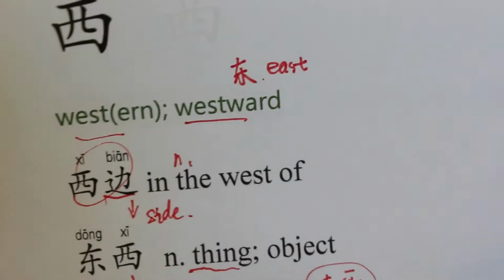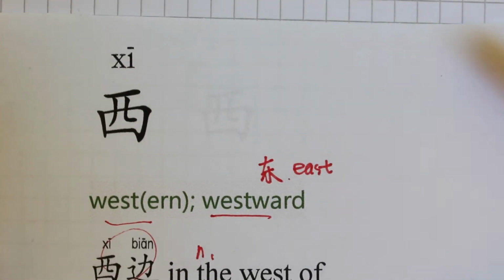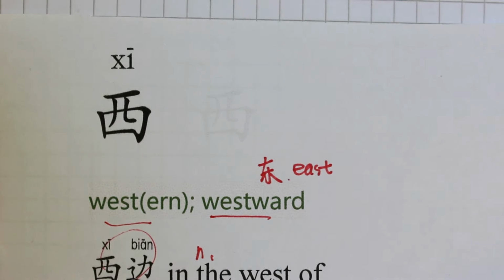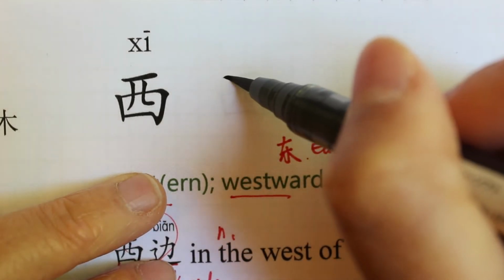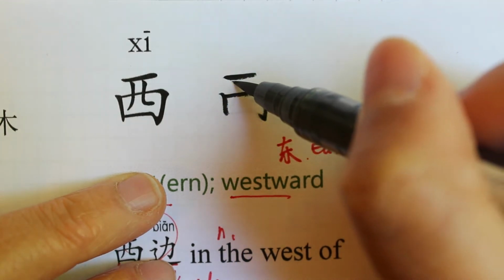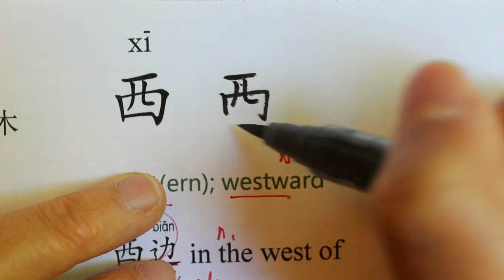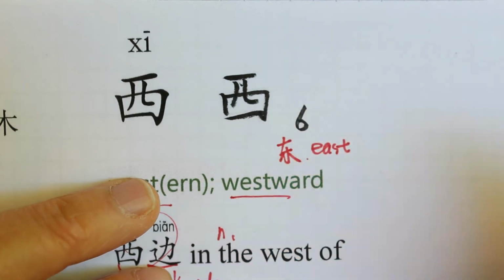Okay, now let's try to write 西 together. 1、2、3、4、5、6. So 西 has 6 strokes.